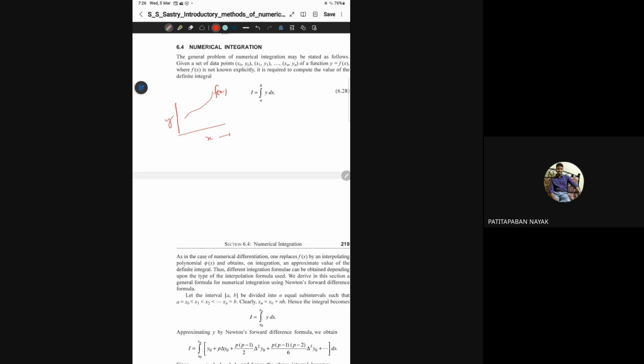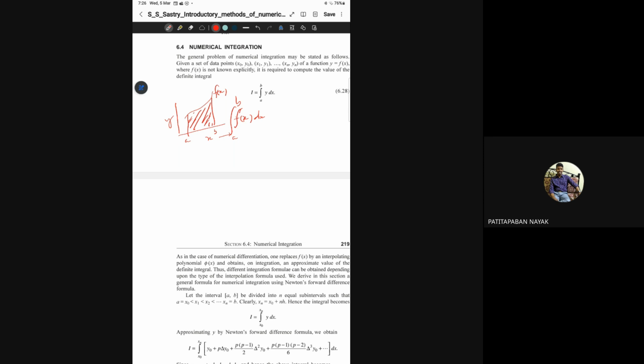And if I want to integrate between a and b, so this is the integral of f of x dx from a to b. That is nothing but finding the area of this region, right? And how do you find the area? There are different ways.